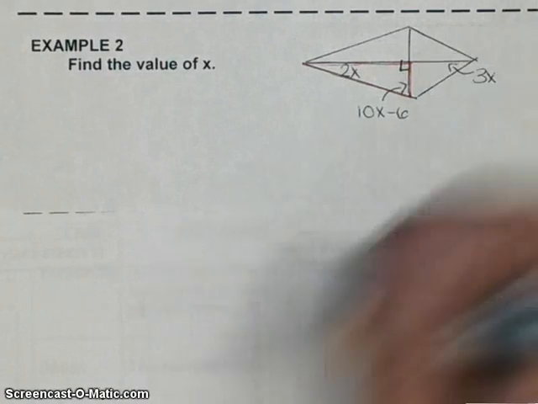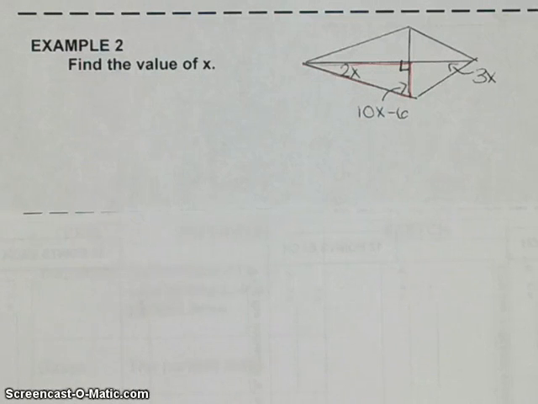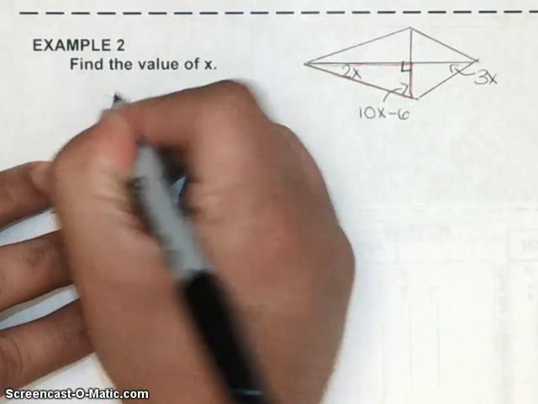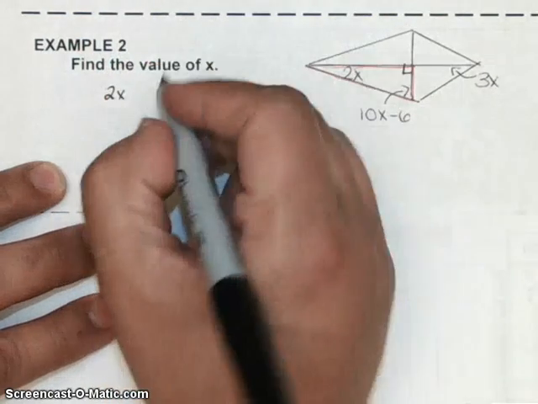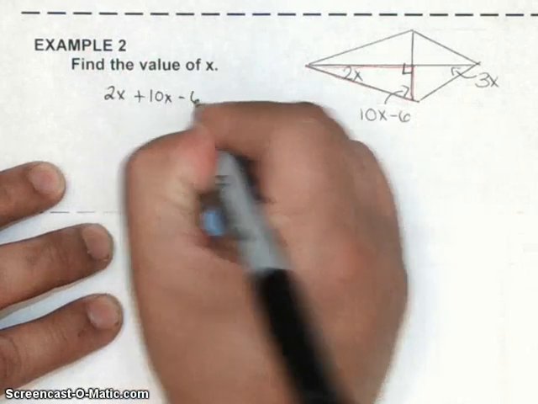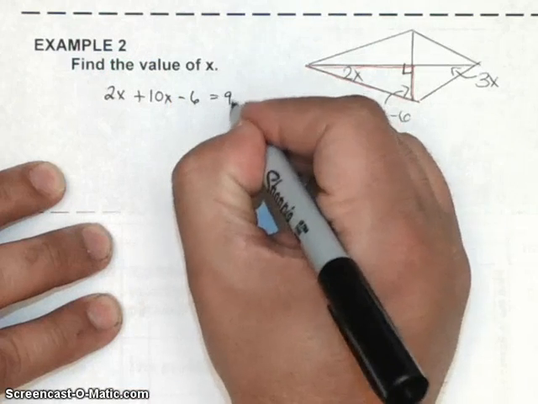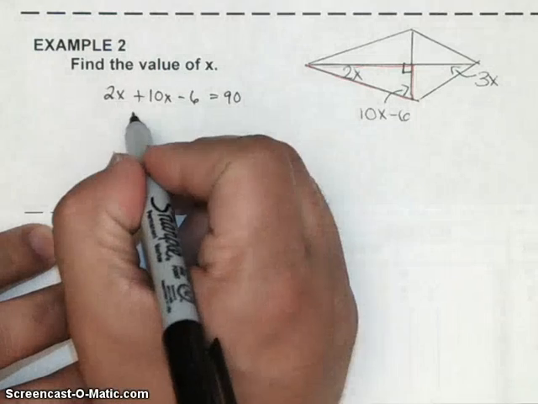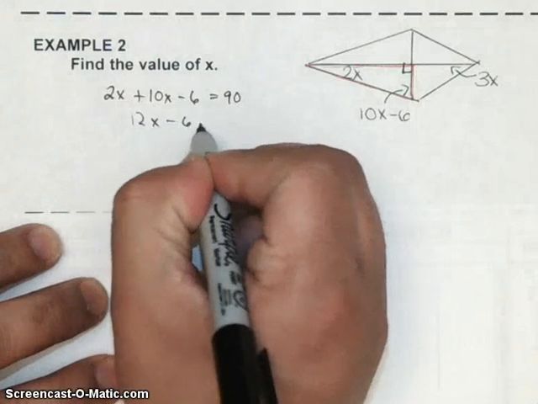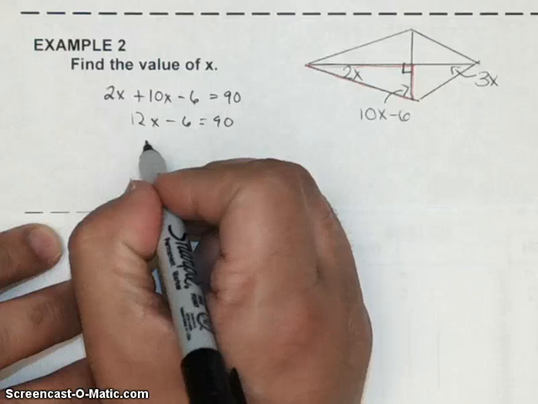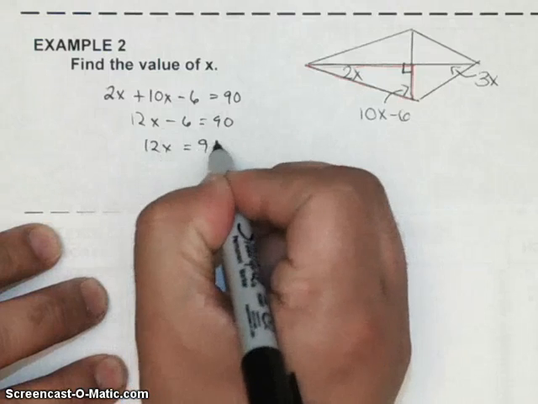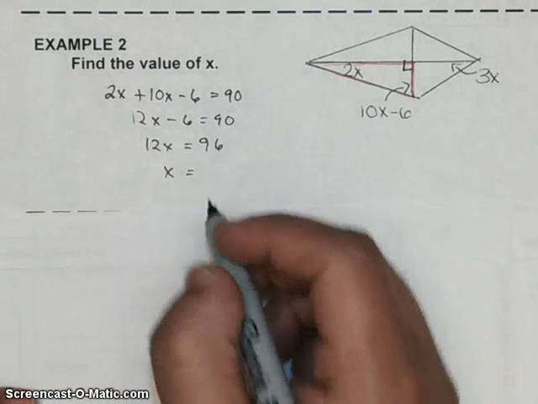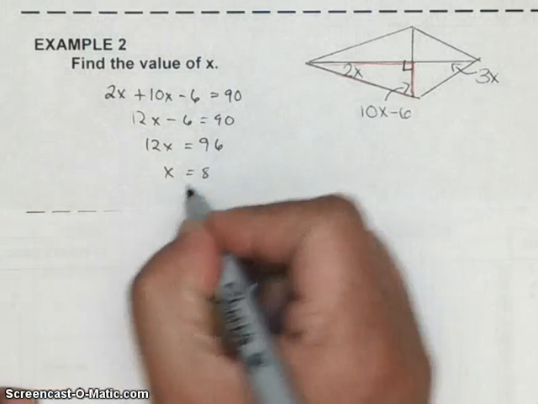Because I have this right triangle, I know that 2x plus 10x minus 6 has to be equal to 90. So 12x minus 6 is 90. Add 6 to both sides, and then divide by 12, and it gives me that x is 8.